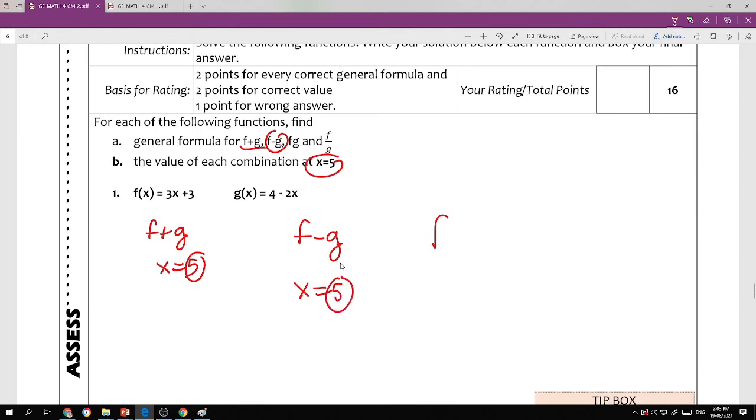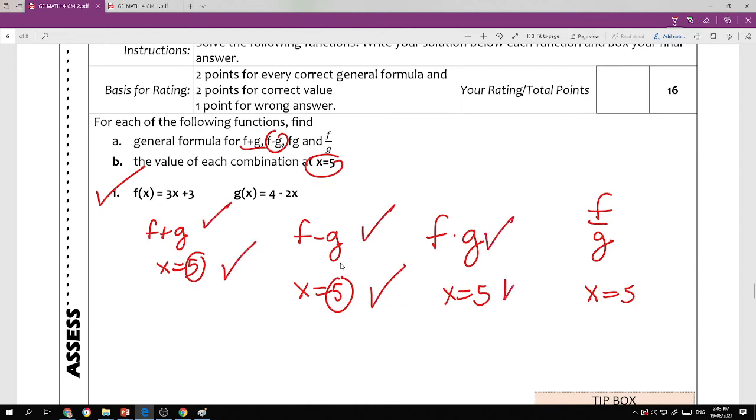F times g, again x equals 5. F divided by g, again x equals 5. So what we did earlier, you will do for number 1. So we have 1, 2, 3, 4, 5, 6, 7, 8 answers in number 1.